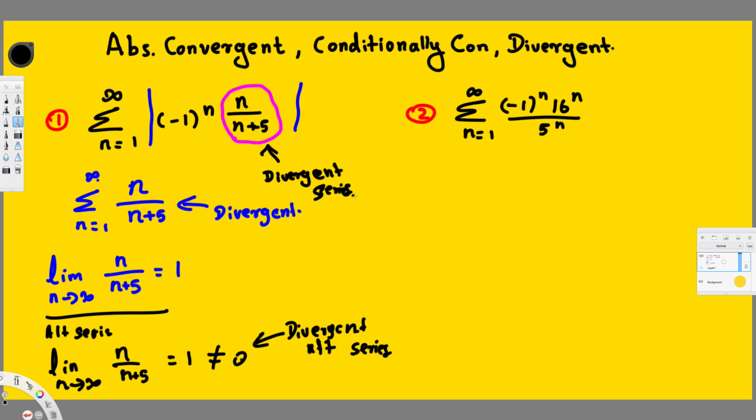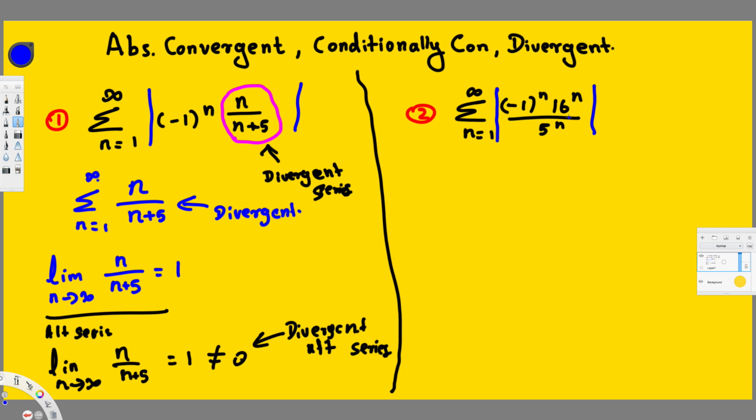So let's see whether the second one is absolutely convergent, conditionally convergent, or divergent. First, we take the absolute value. Negative 1 to any power is going to be negative 1 or positive 1, but the absolute value is always going to be positive.